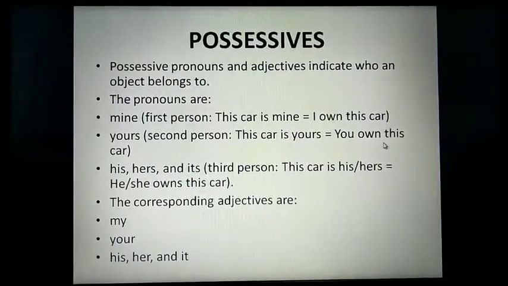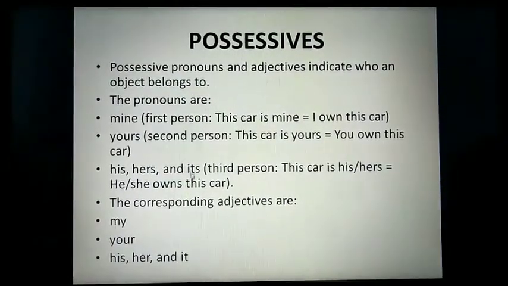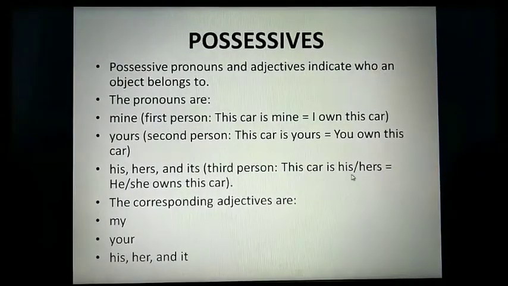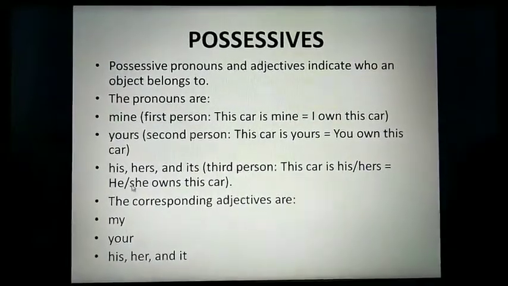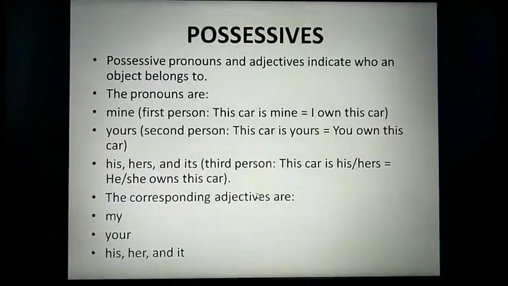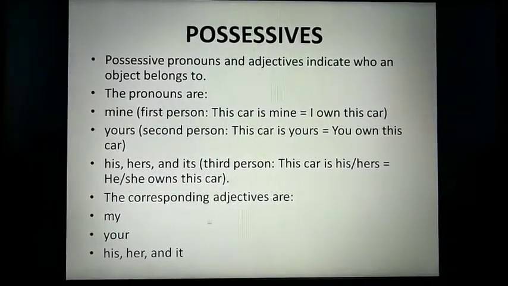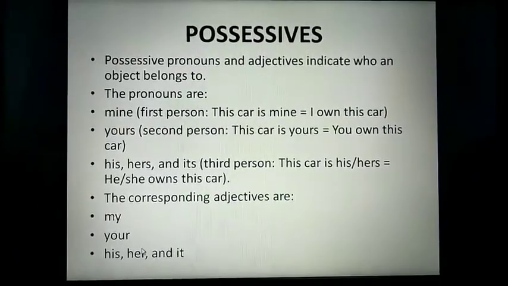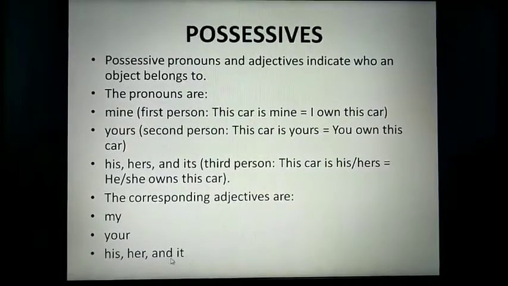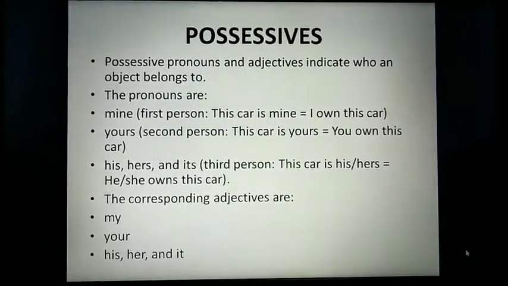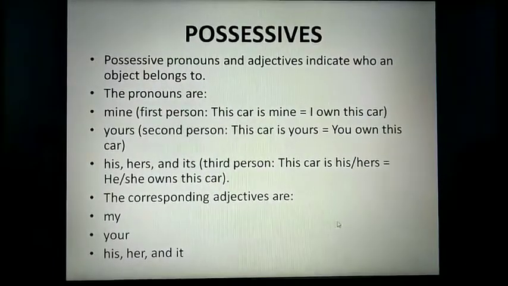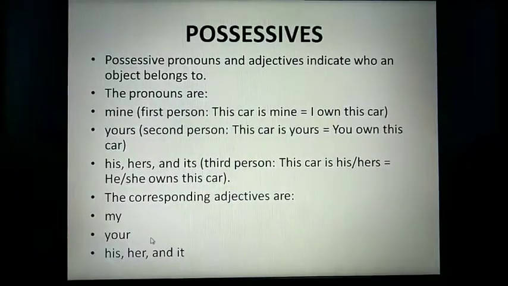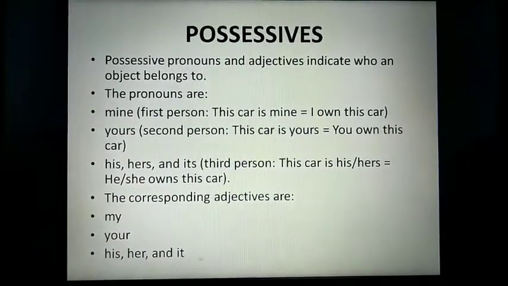You are the owner of this car. His, hers and its. They are third person. This car is his or hers, that means he or she owns this car. The corresponding adjectives are my, your, his, her and its. In other words, if we take the example for adjective, it could be this is my car, or this is your car, or this is his car, this way.